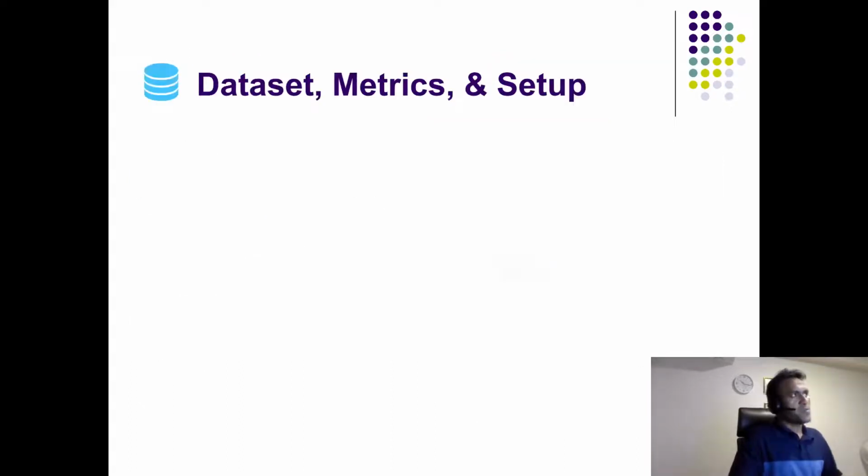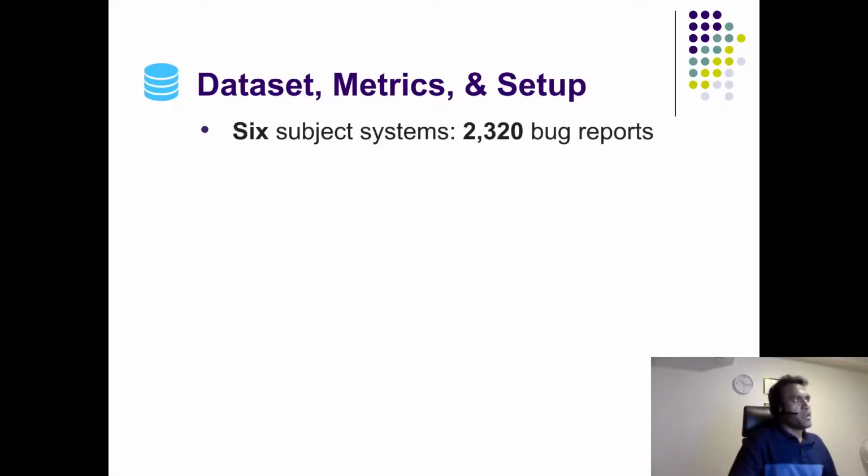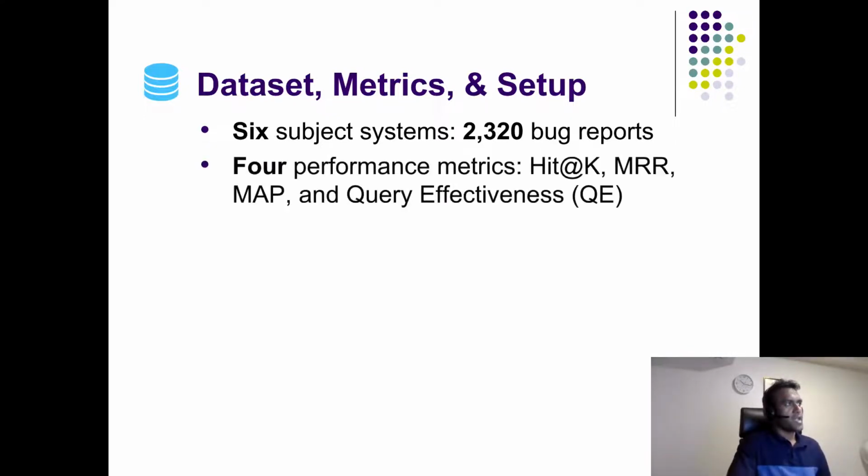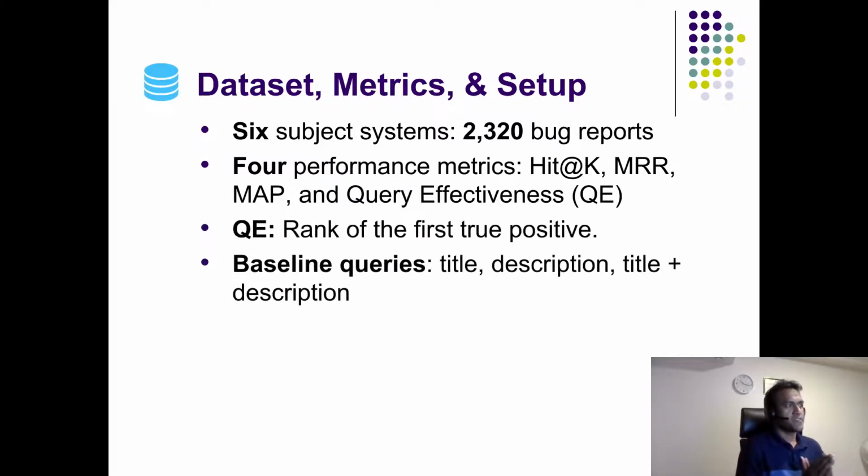Okay, so let me talk about the experimental setup. We selected 6 subject systems and we collected more than 200 bug reports from these subject systems. And we use 4 different performance metrics to evaluate the search queries in the context of bug localization. And you might hear this phrase called baseline queries.